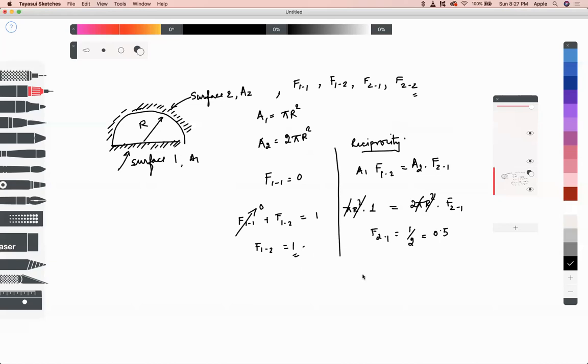Okay. Now, lastly, we need to find F2 to 2. So we are again going to use the summation rule on surface 2. F2 to 1 plus F2 to 2 will be equal to 1. And F2 to 1 we have already found out to be 0.5.